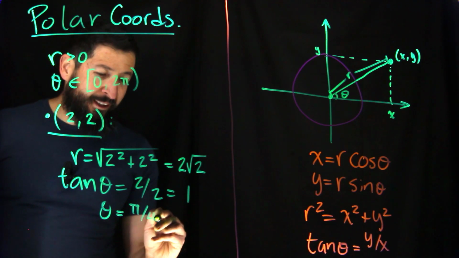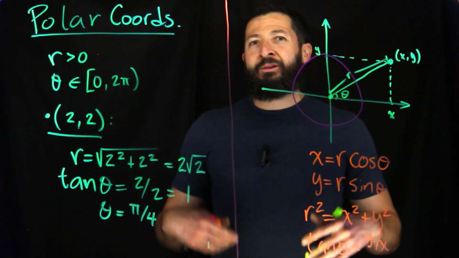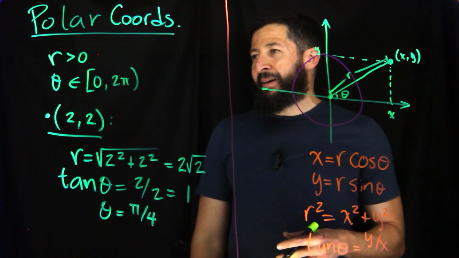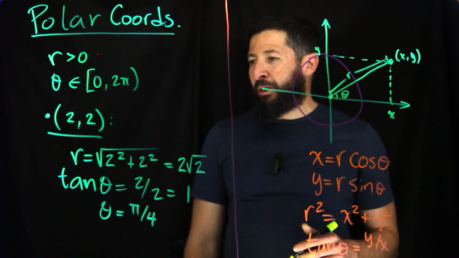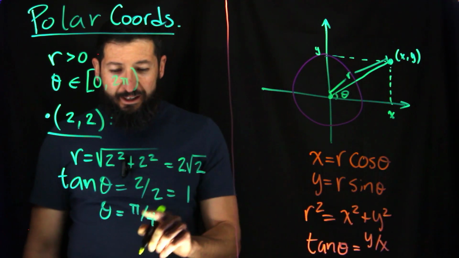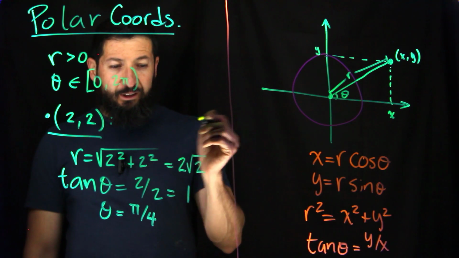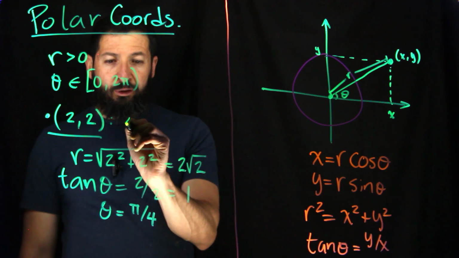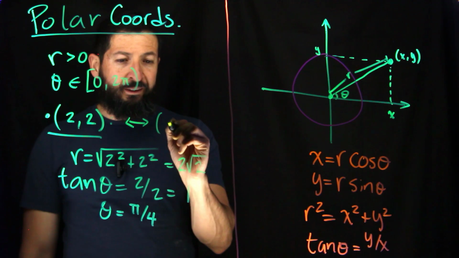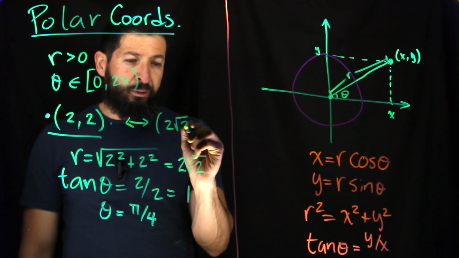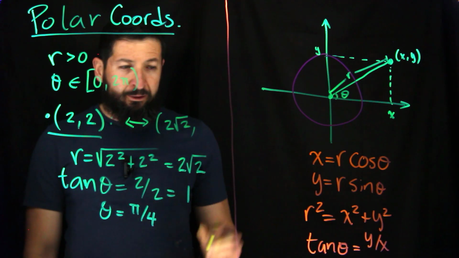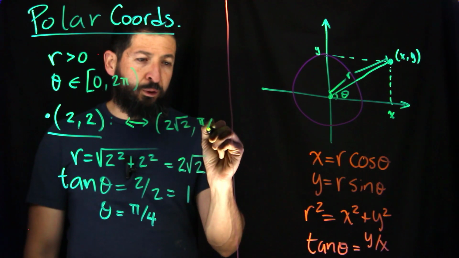Of course, you could do pi over 4 plus 2 pi, and so forth. But we want our angle between 0 and 2 pi, and our radius positive. So this corresponds to the point in polar coordinates, 2 square root of 2, which is my radius, and my angle, which is pi over 4.